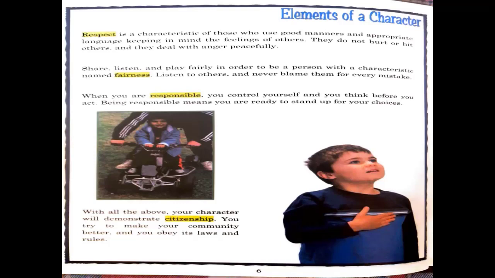When a person is trying to make the community better and obeys the rules and regulations of the particular city, then he is called a good citizen. If you are not following or obeying the rules, it is not a sign of a good citizen.